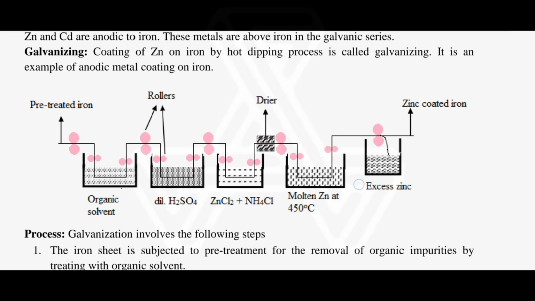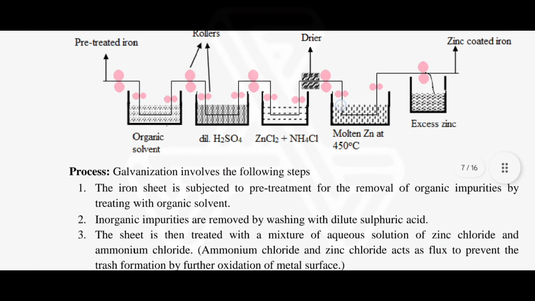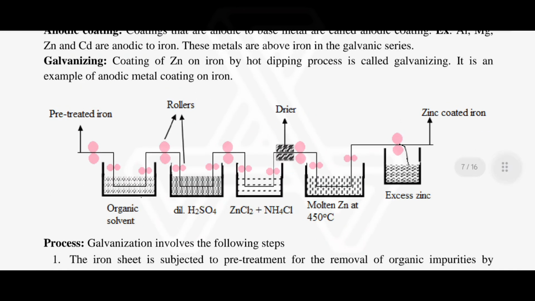In the hot dipping method, the pre-treated iron is kept in the organic solvent along with the rollers, and then in dilute H2SO4, sulfuric acid.